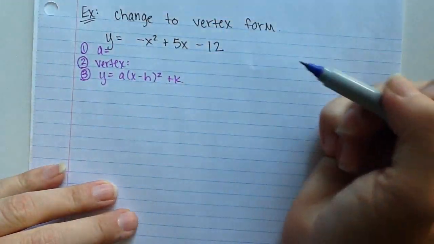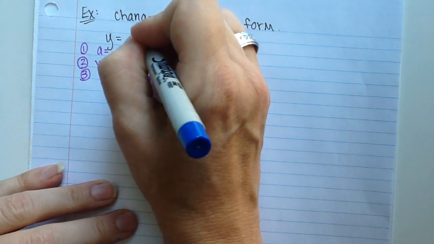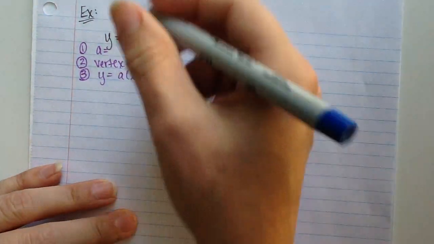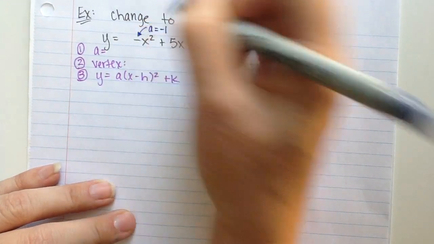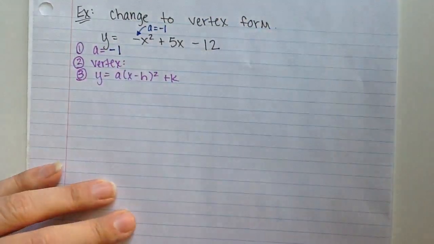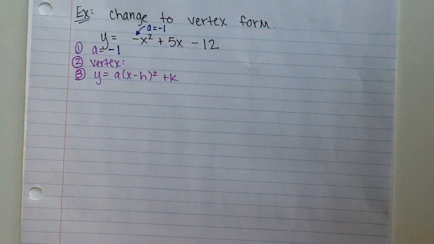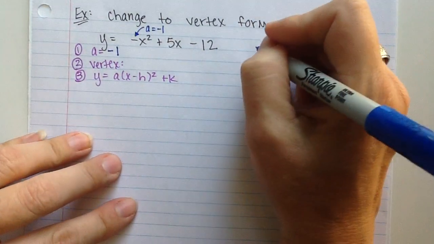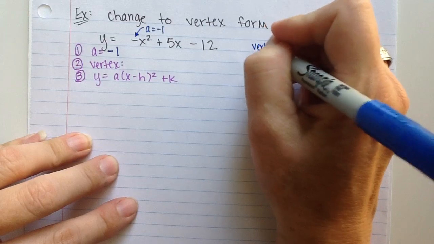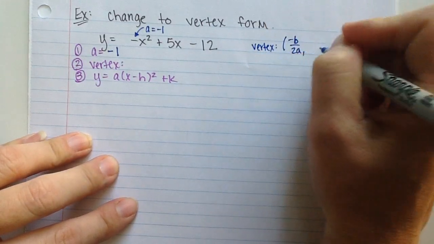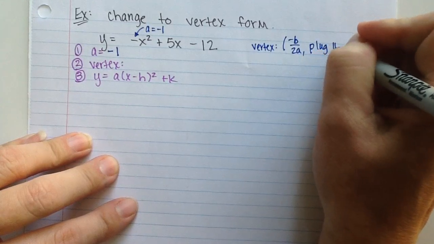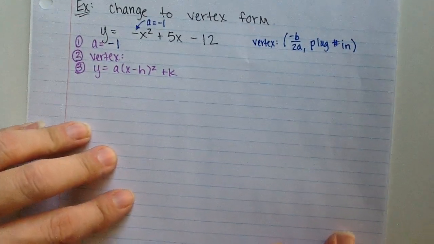Well, a is the number in front of the x squared, and even though there's no number there, it's assumed that there's an invisible 1, so a is negative 1. So we'll go ahead and put that in there. And then to find the vertex, remember we do opposite b divided by 2a, and then plug that number in to get the y-coordinate.